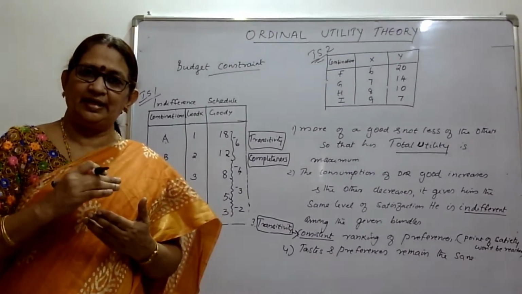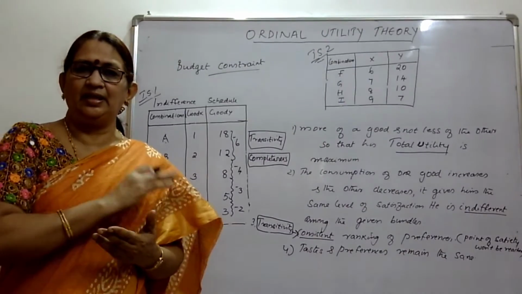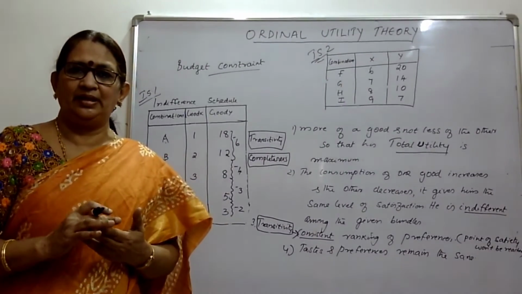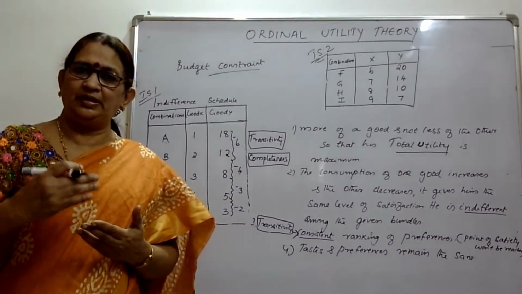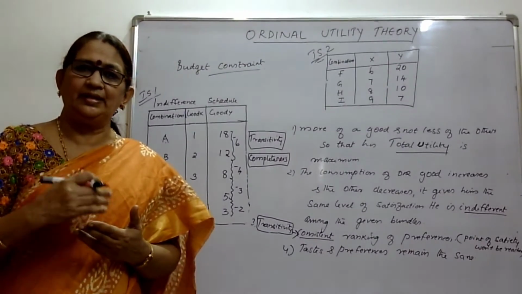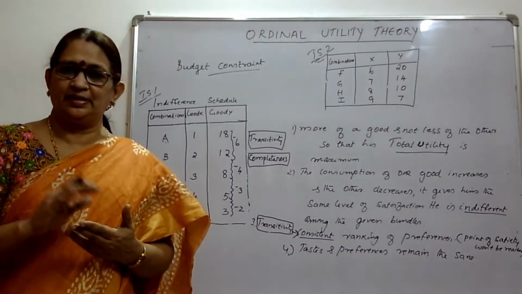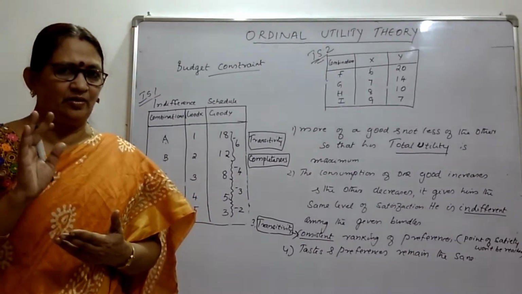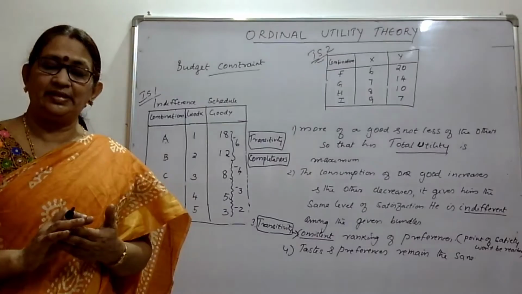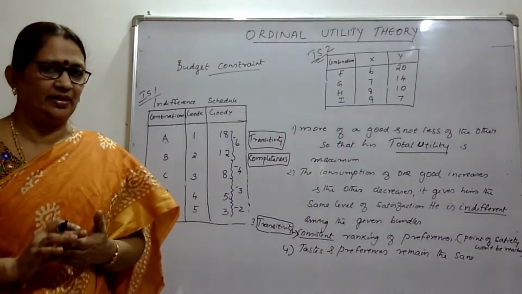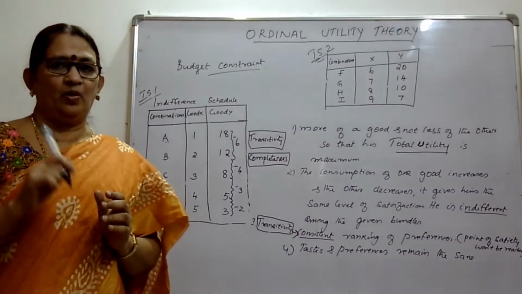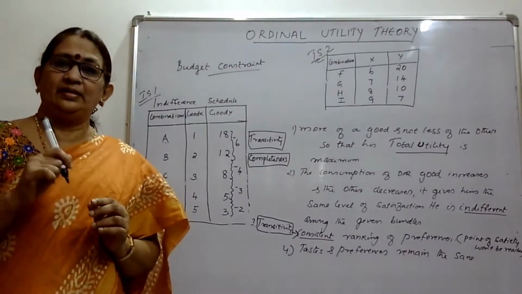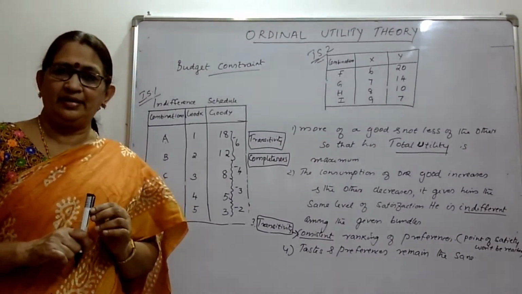Whether it is cardinal utility or ordinal utility, when a consumer consumes more and more units of a commodity, the utility derived from that commodity decreases. The ordinal utility says that it is not measurable. Cardinal utility says that it is measurable. That is the only difference. So, when the consumer is having more and more units of a good, the satisfaction derived from that decreases.